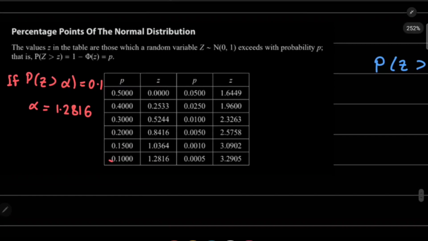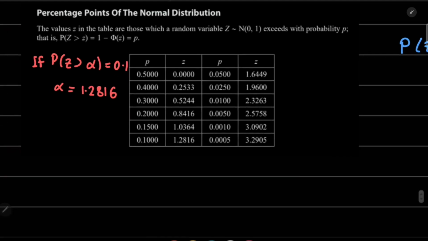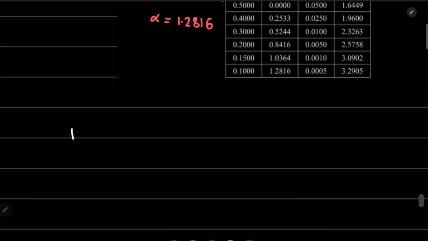This table is only used for certain values. We have 1, 2, 3, 4, 5, 6. So 12 values over here in this table. It's only applicable for 0.5, 0.4, 0.3. It's applicable for probability z greater than alpha to be 0.5 or 0.3.